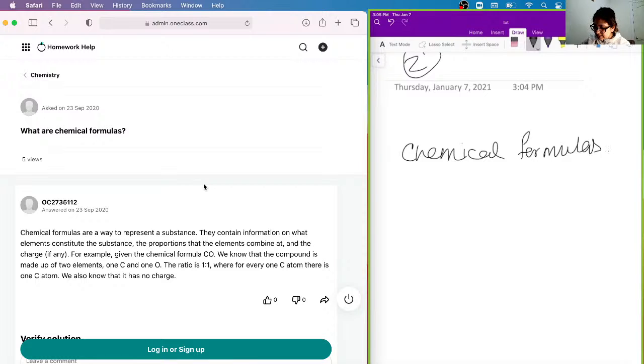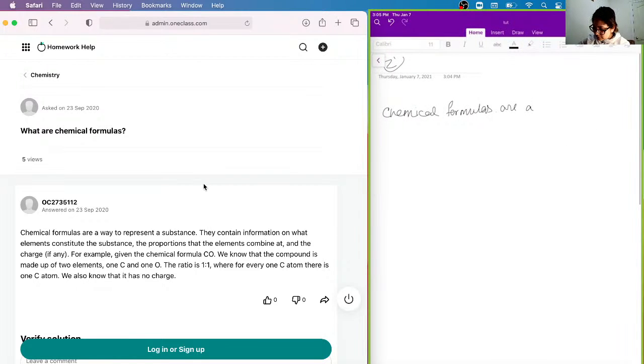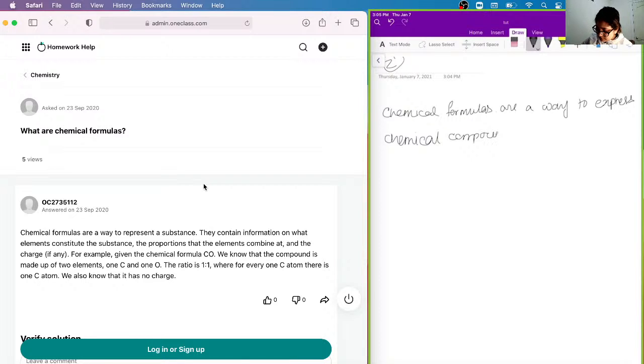They contain information about chemical compounds.